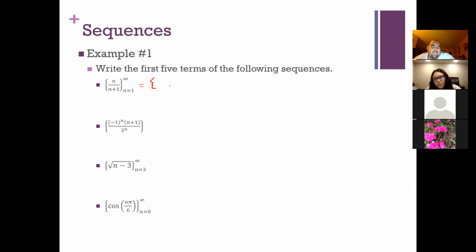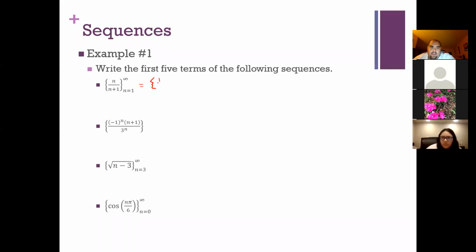What's the first term? 1/2. And then 2/3. Pretty simple, just keep substituting. One more. And then to show this is an infinite sequence, I will leave the ellipses and end it like that.